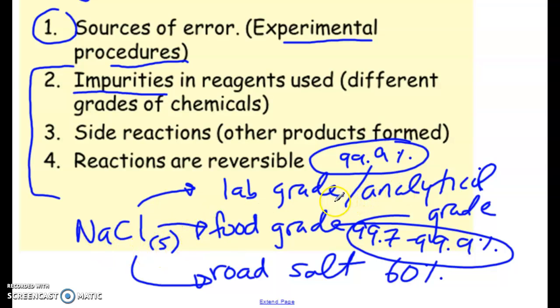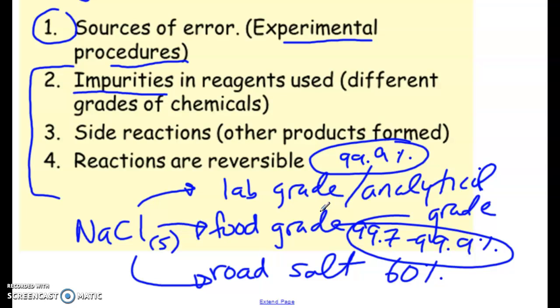But essentially, the more pure a substance is, the more expensive it becomes because they have to purify it, or they have to separate it from other things. Now, even if you have the highest grade possible, there is nothing that can guarantee 100% purity. The reason why is simply even in manufacturing.